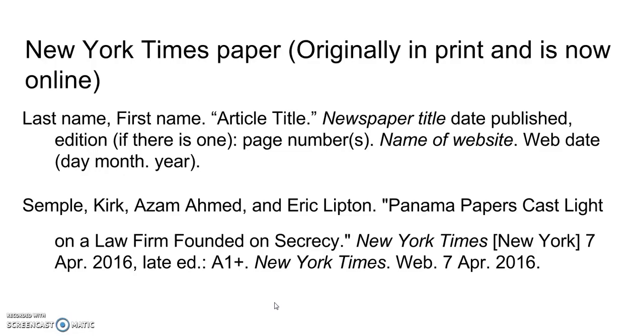So if you had something in a magazine or journal that was on page 62 and it continued on page 68, then you would do 62 and then a plus sign to tell the person who's looking at it that it starts on page 62 and it goes on, but it's not consecutive. Then we have our name of the website, so the New York Times, and then got it on the web, and then the date that it's accessed.